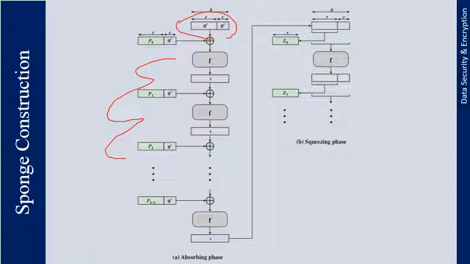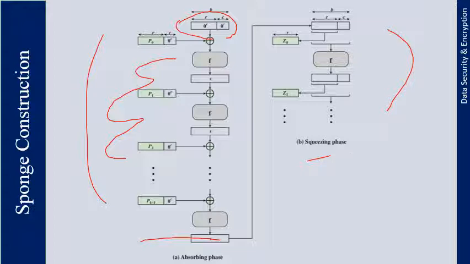The sponge is divided into two phases. The first phase is referred to as the absorbing phase and the second is referred to as the squeezing phase. The absorbing phase proceeds on the left side of the figure, and the squeezing phase on the right side of the figure.